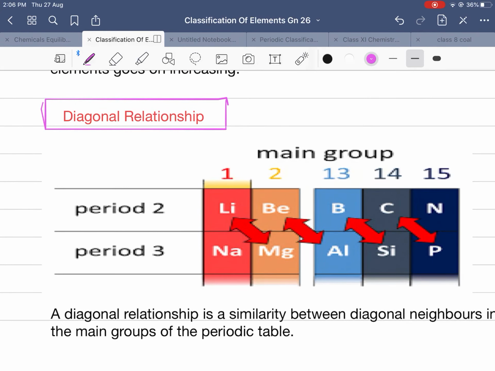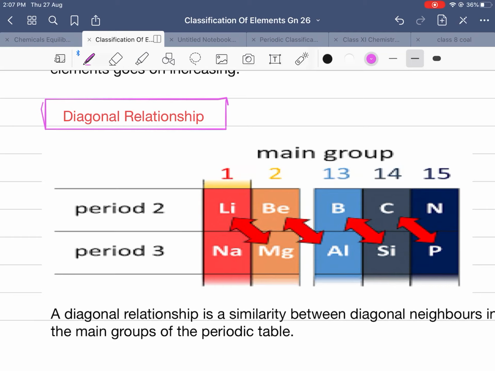Then the diagonal relationship. Let us try to understand what a diagonal relationship is. A diagonal relationship is a similarity in properties between diagonal neighbors in the main groups of the periodic table. Because these properties lie in a diagonal pattern, it is not surprising that the elements within a diagonal band show similar chemical properties.